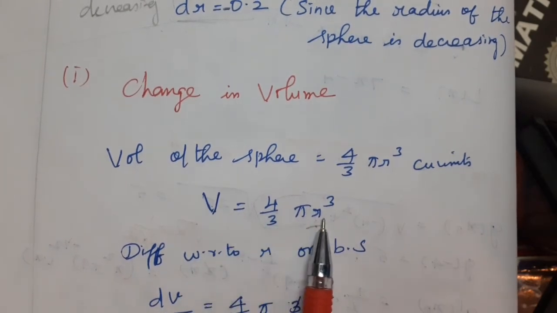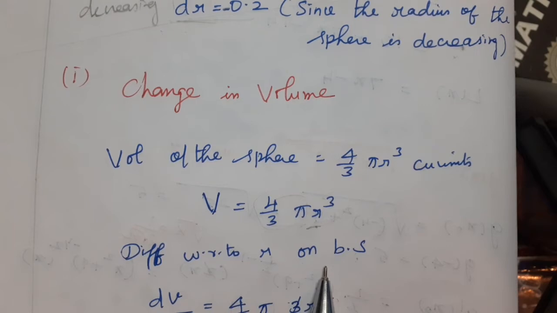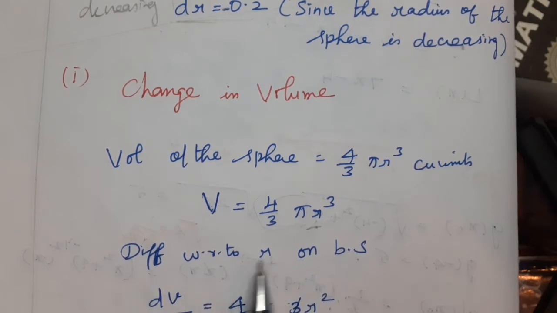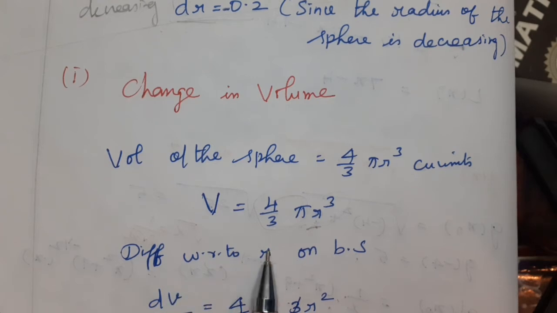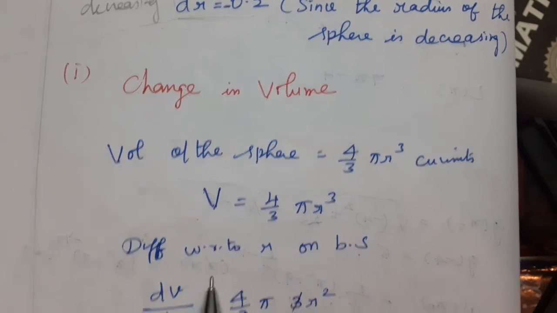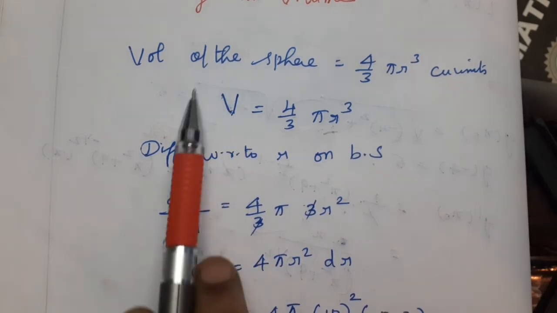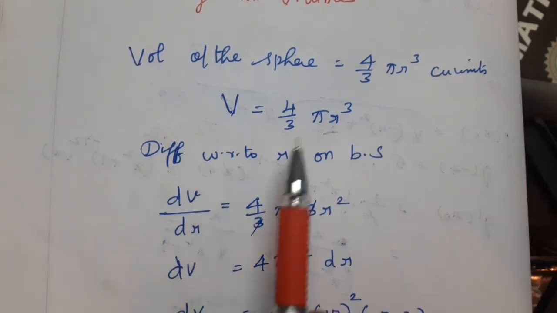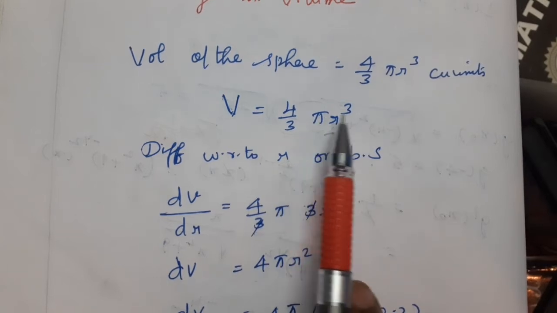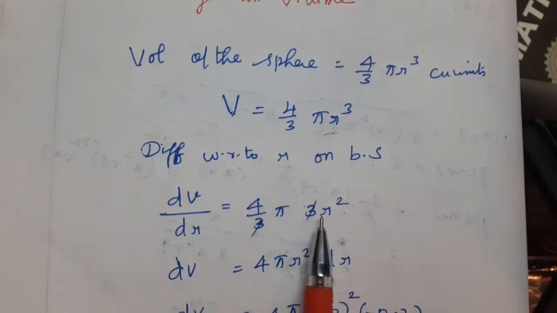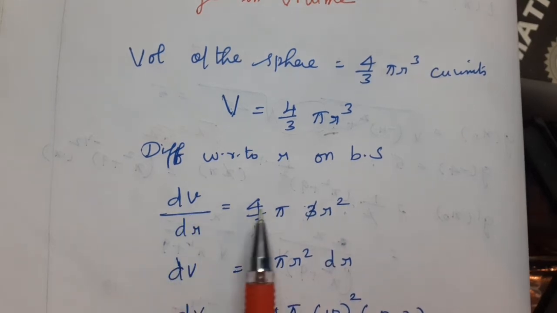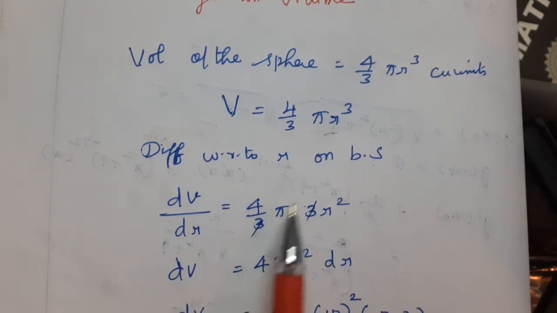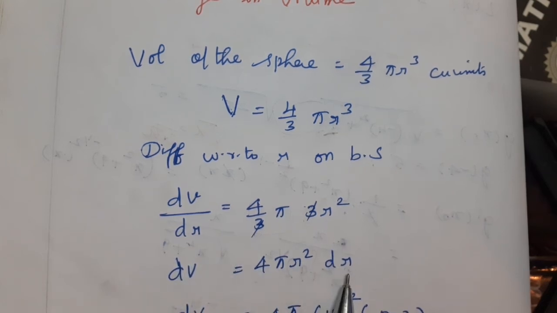V equal to 4 by 3 pi r cube, cubic unit. Now differentiate with respect to r on both sides. dV by dr equal to 4 by 3 pi, which are constants, times the derivative of r cube, which is 3r square, using n x power n minus 1. So dV by dr equals 4 by 3 pi into 3r square. The 3 cancels, and we get dV equal to 4 pi r square into dr.